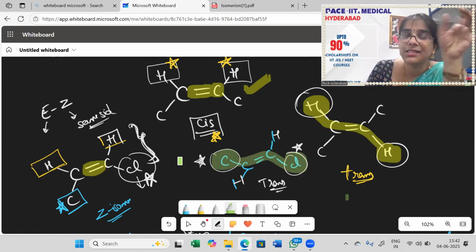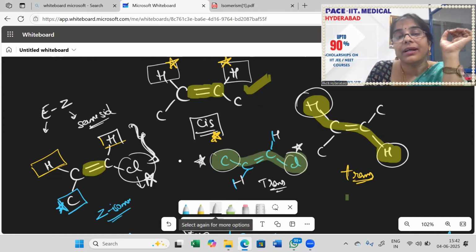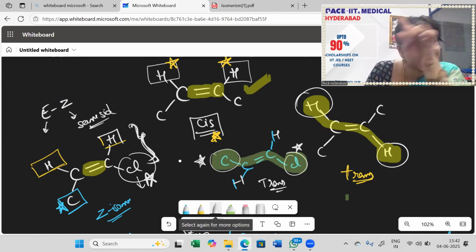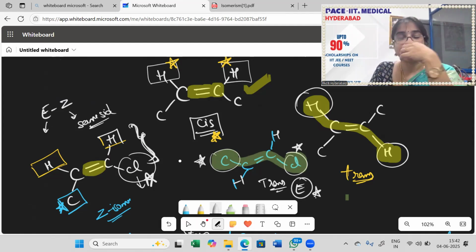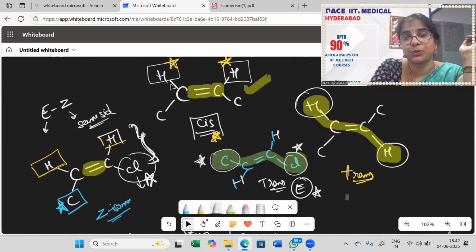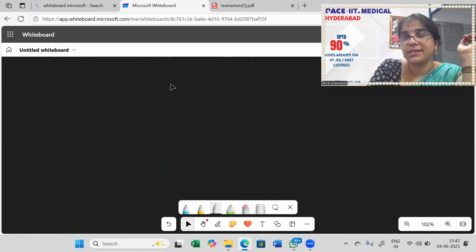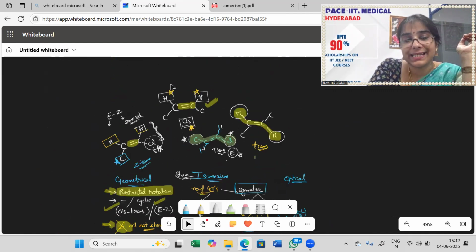Two heavy groups diagonally placed, that is definitely your E or Z. Z is the same side. E is the opposite side, called the E isomer. So mainly if we have to talk about geometric isomers, cis-trans isomers is what we talk about. And then we have your E-Z isomers.